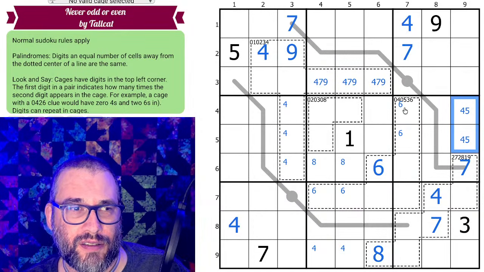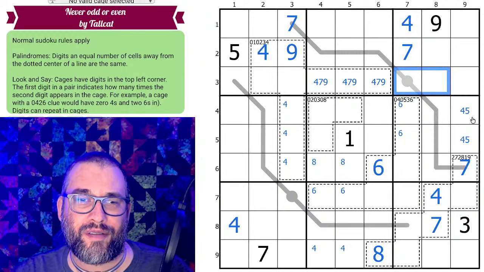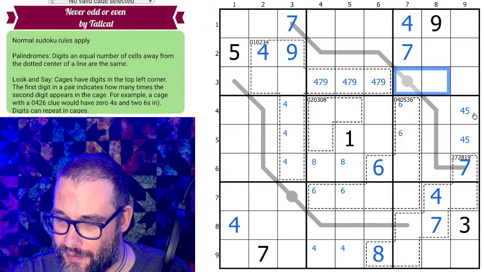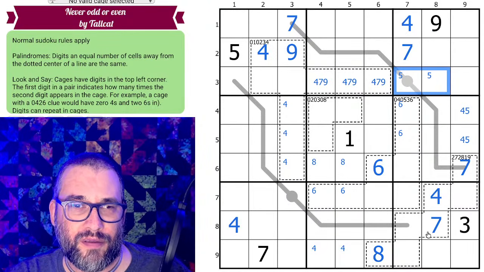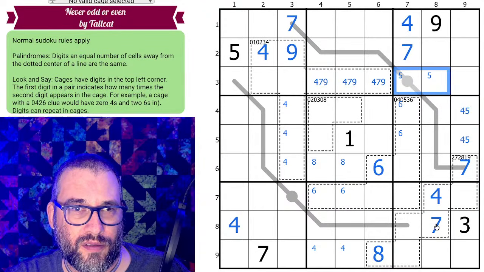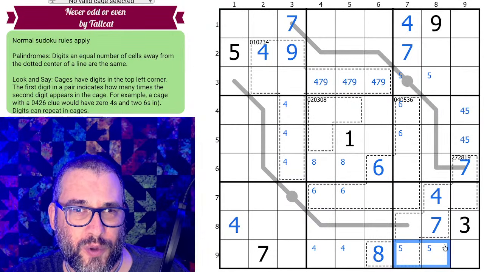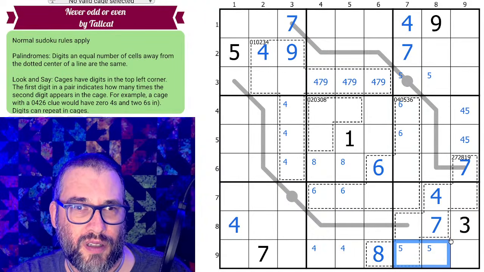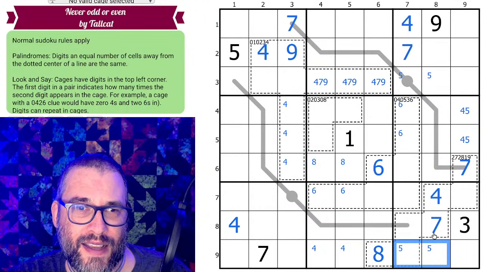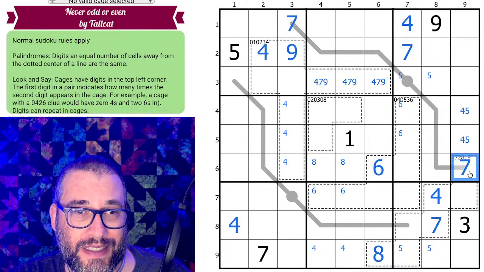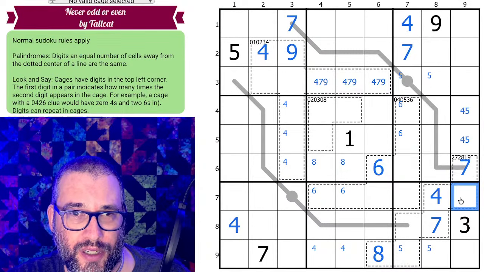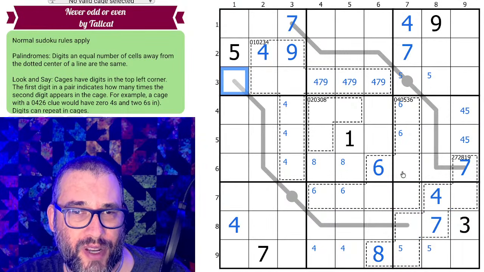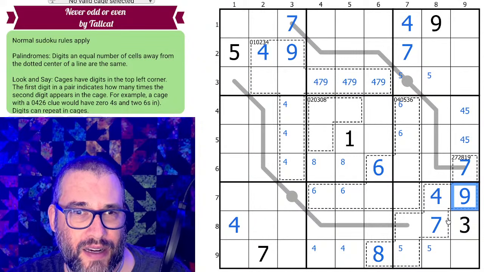Yeah, 5 in, oops. And then 5 in one of these cells. 9 in box 9. There's a 9 in the cage. And it doesn't go there because of that. So that's our 9.